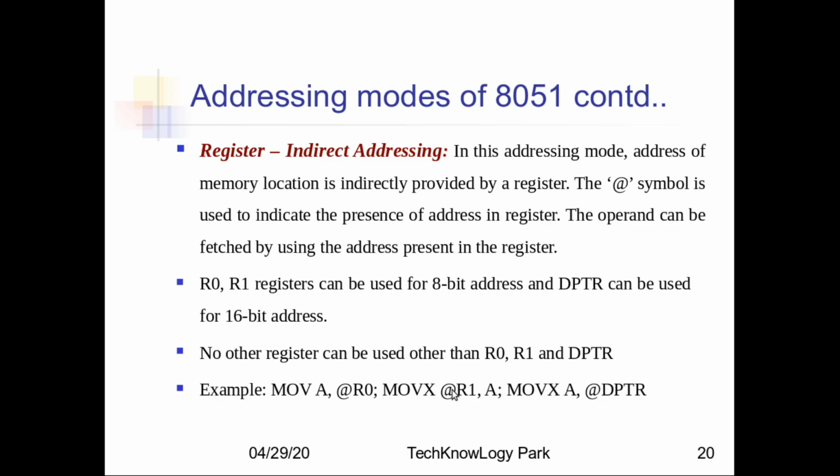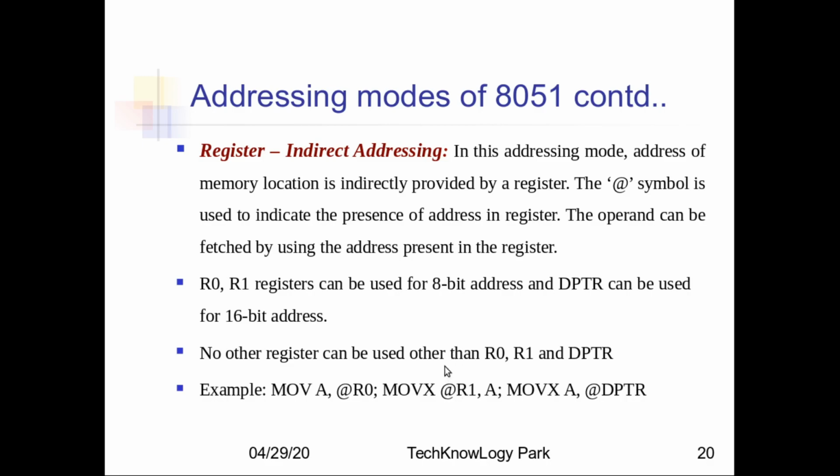Here, MOVX @R1, A means fetch the content of the accumulator, go to register R1, take the address, go to that address and store the content of the accumulator there. The address is given indirectly by register R1, and because of the X, it indicates that the address is external to the 8051, not internal RAM.